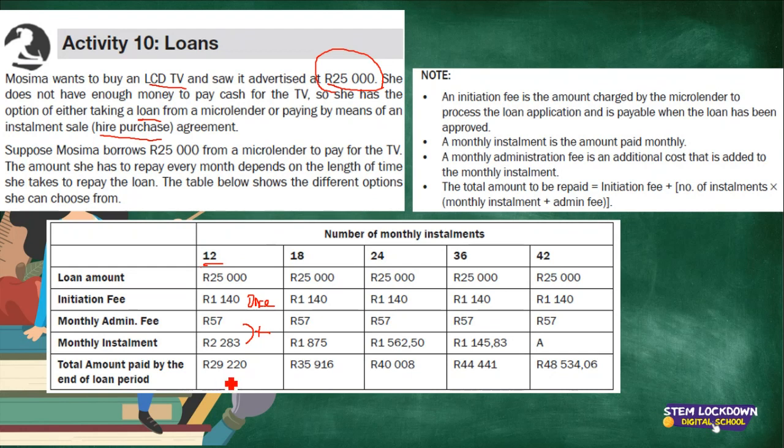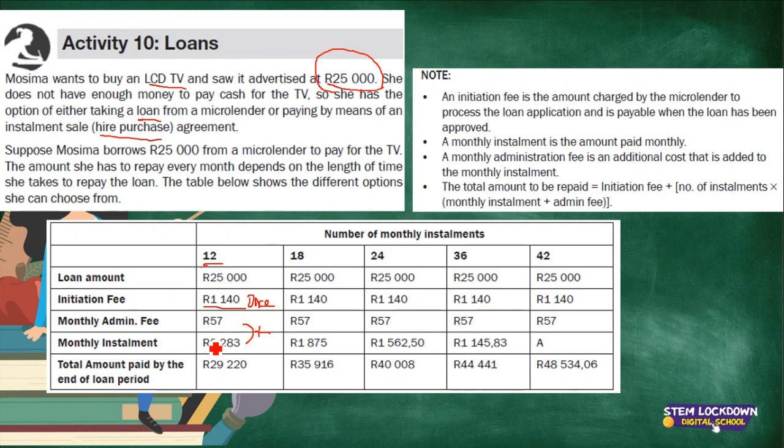The total amount. I know they give you a formula here, but I need you guys to think outside the box. First analyze what is given. So for 25,000, this lady first paid a once-off fee of that much, plus these two. Remember, every month she has to pay admin fee.